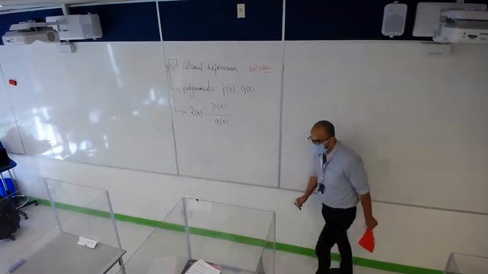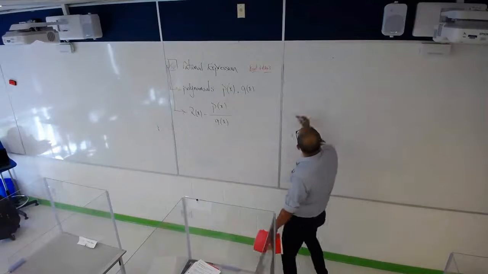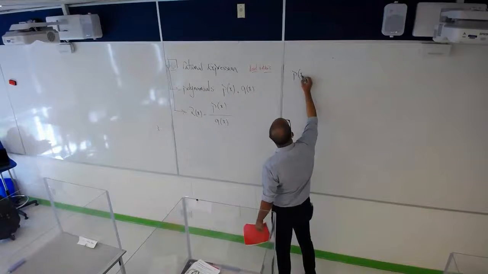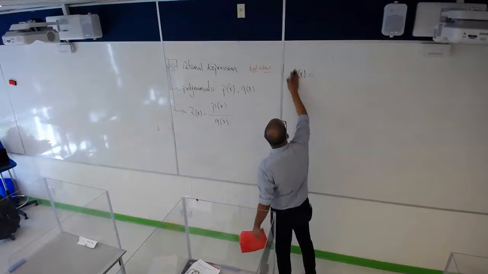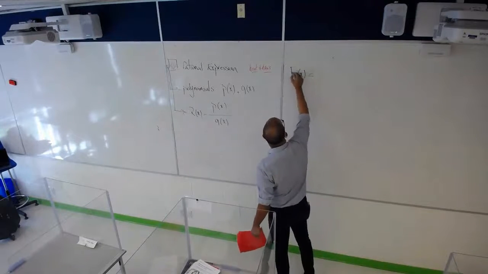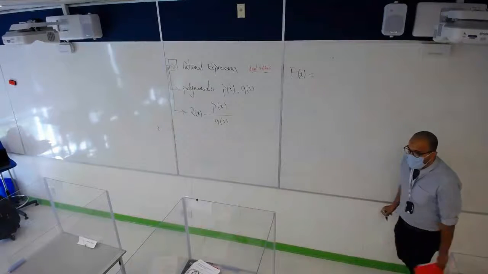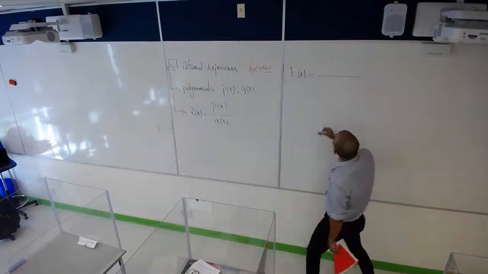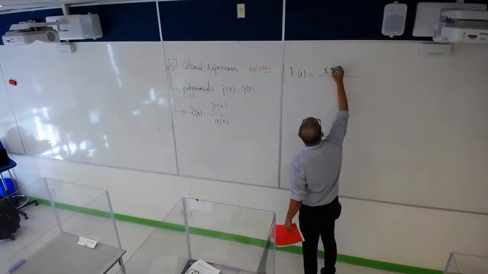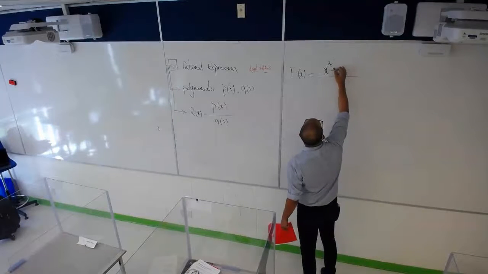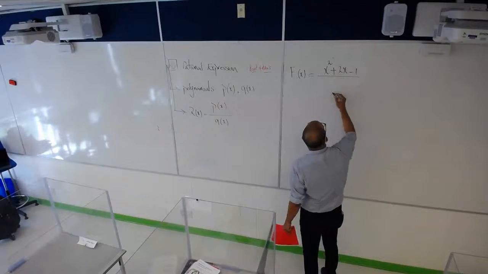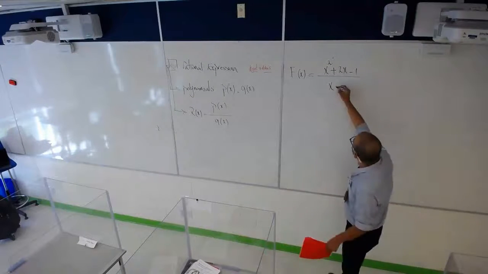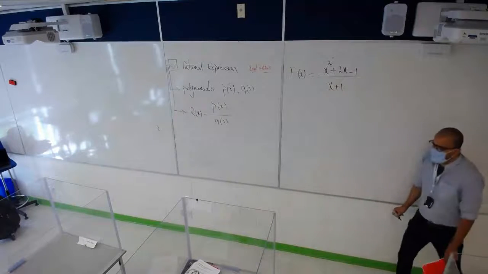When we talk about rational expressions, as an example, I can define this function. Let's call it F of X, not to confuse with the numerator. F of X is, for example, this expression: one polynomial on the top, X squared plus 2X minus 1, over X plus 1. Look at this one.